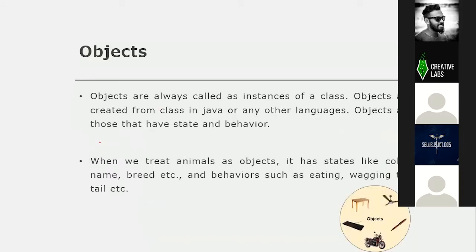Objects are always instances of a class. Now this fan is an object, this table is another object, this pen is another object, this keyboard is another object, and this motorbike is another object. These objects are pretty similar to real world things.